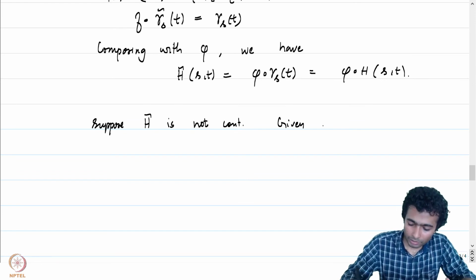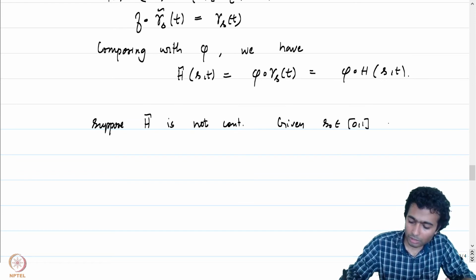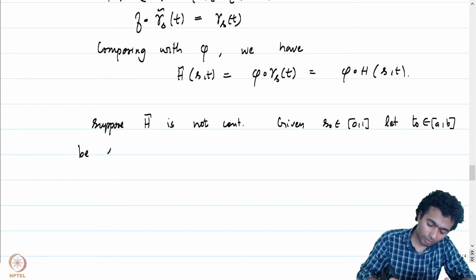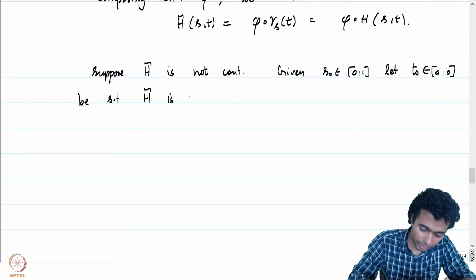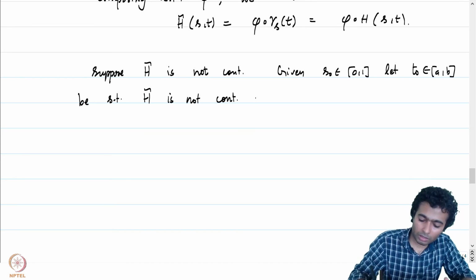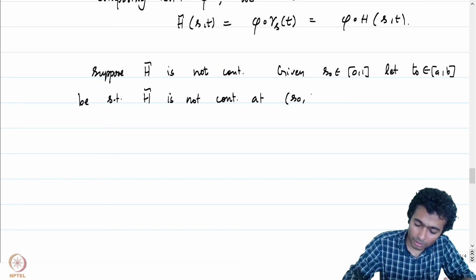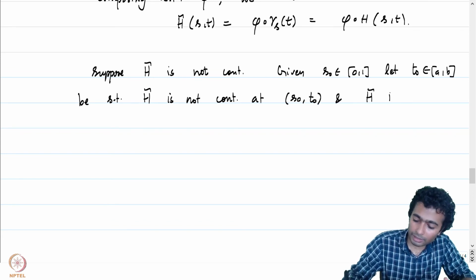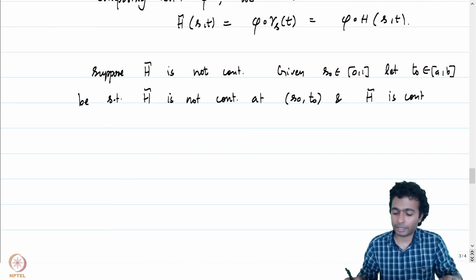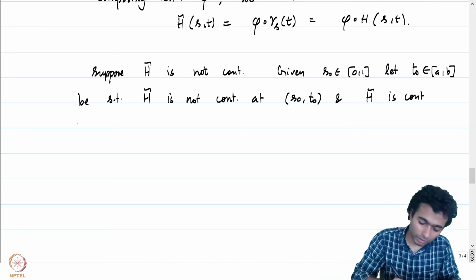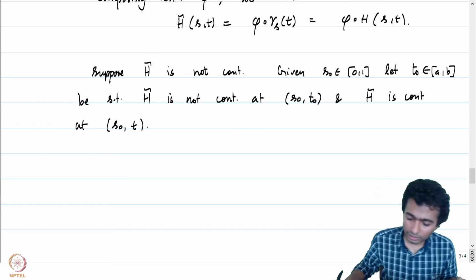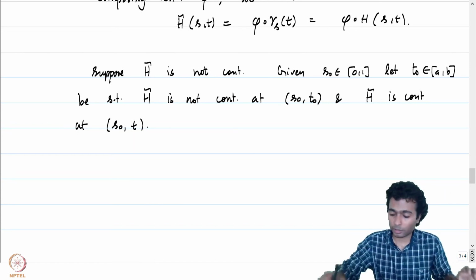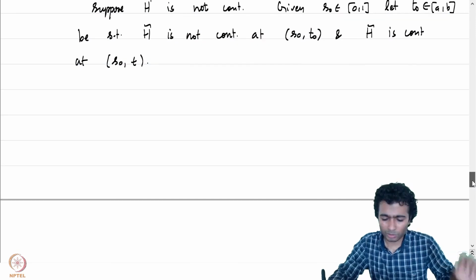Given some point s naught in [0,1], let t naught in [A,B] be such that h tilde is not continuous at s naught comma t naught, and h tilde is continuous at s naught comma t for all t less than t naught. So the first observation is that this t naught is going to be greater than or equal to epsilon.